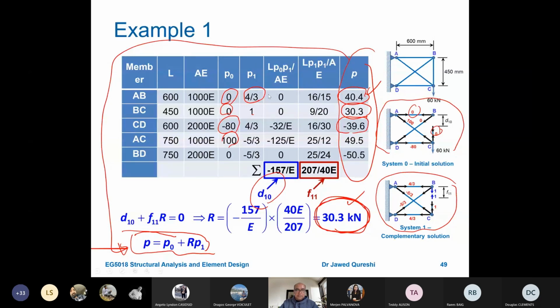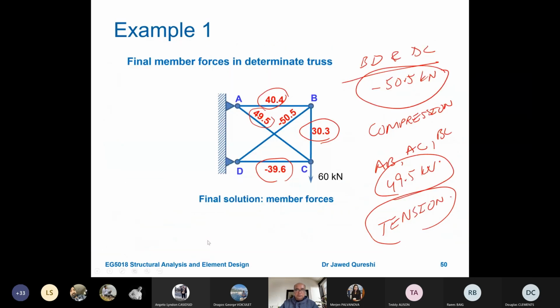And I have these P naughts and P1s, I have the value of R. So for each member, I was able to work out the actual force that it will develop. And from there, I had these couple of members, some were in compression, some were in tension. The negative sign indicates compression. So if I had to design this truss, then I will pick up the maximum force and I will design the compression members for compression, and I will design the tension members for tension.